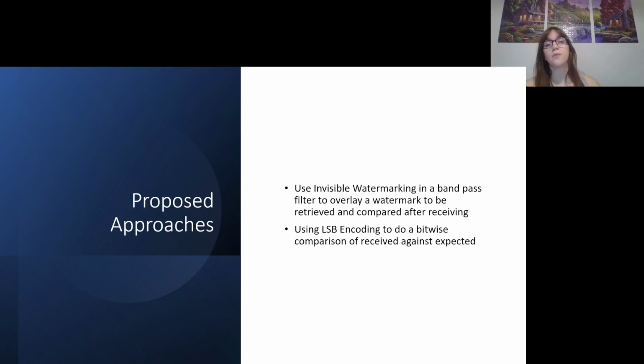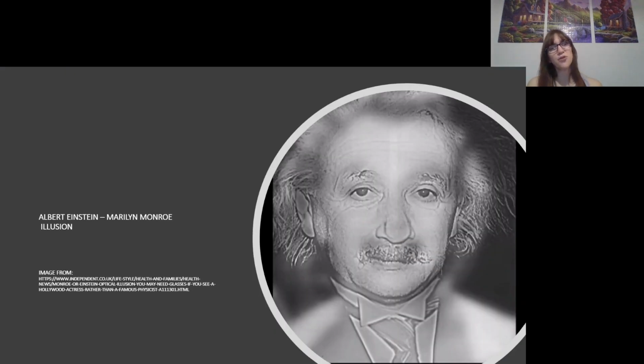So the processes I used were invisible watermarking in the bandpass filter to overlay a watermark on top of the original image and use that on receiving it to see if it has changed, as well as least significant bit encoding, where you can do a bitwise comparison on the receiving end to see if things have changed.